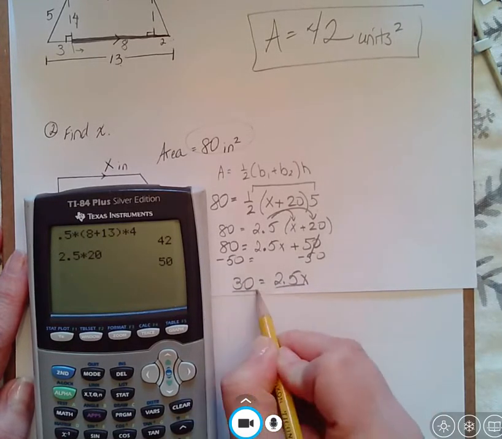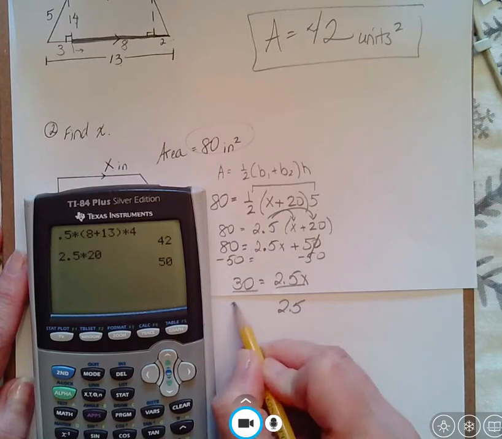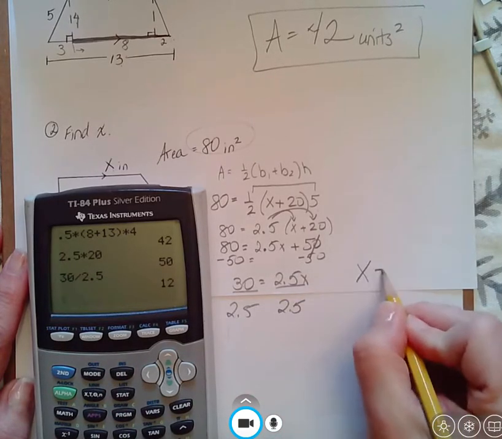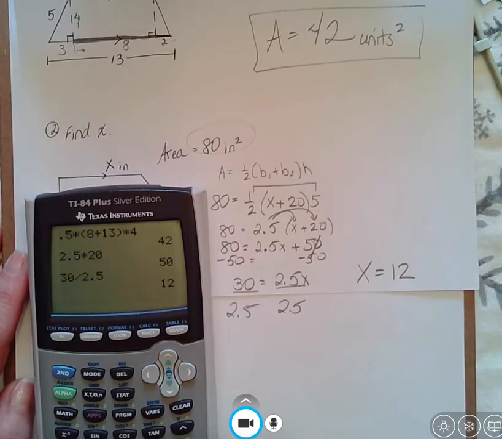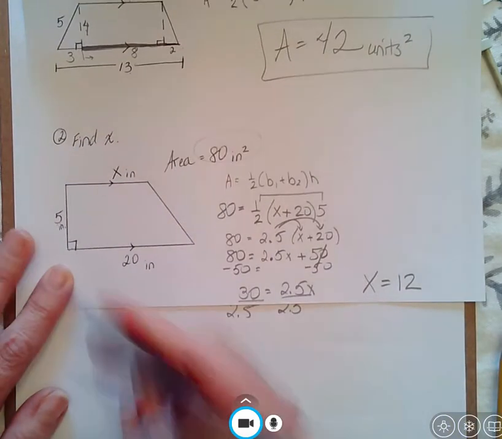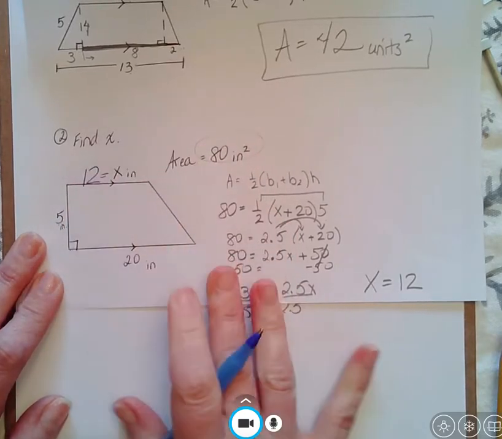That's it. Home stretch. Divide by 2.5. 30 divided by 2.5. And x is equal to 12. X is equal to 12.